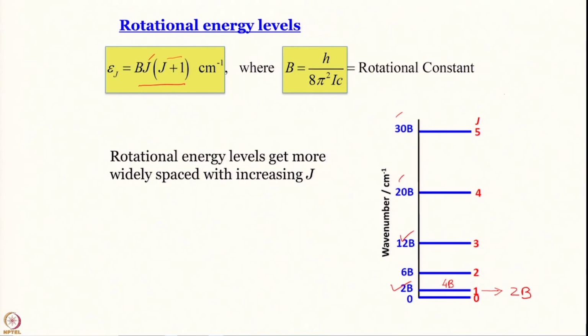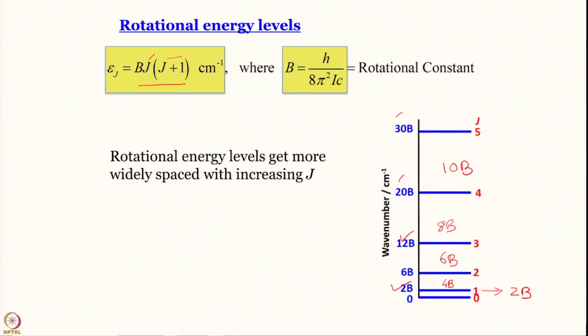What is the energy gap between J equal to 3 and J equal to 2 levels? 12B minus 6B, that is 6B. You see a pattern coming up. J equal to 4 and J equal to 3, 20B minus 12B, that is 8B, and J equal to 5 and J equal to 4, 30B minus 20B is 10B.